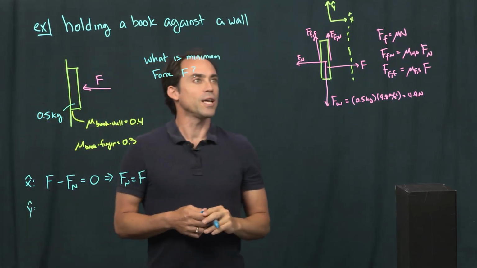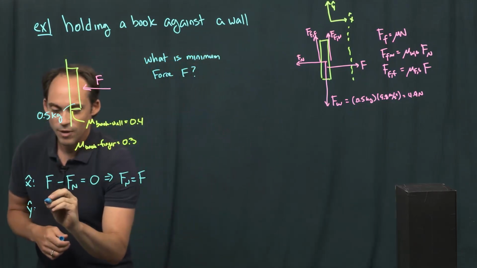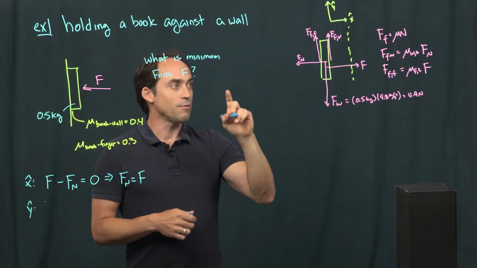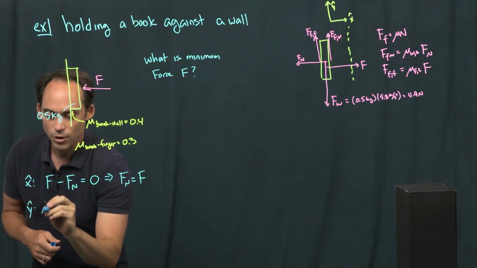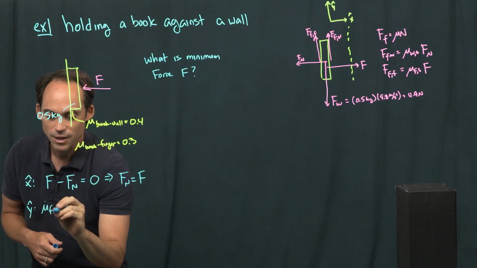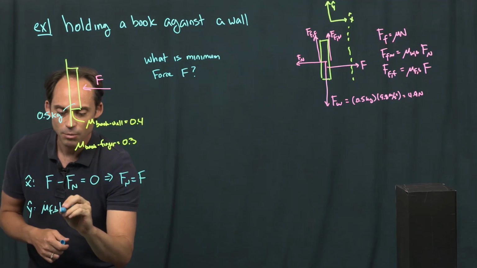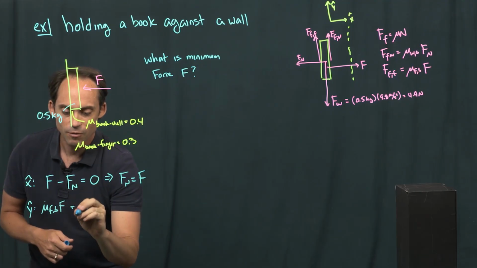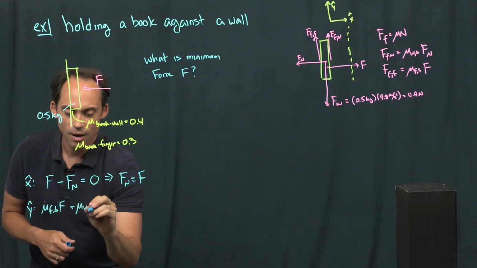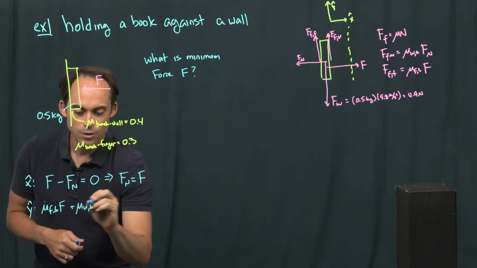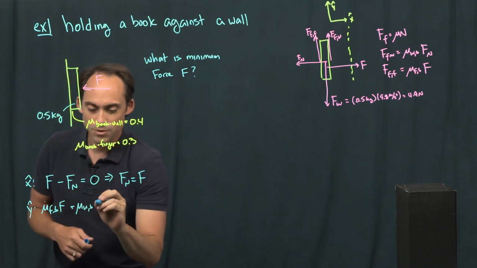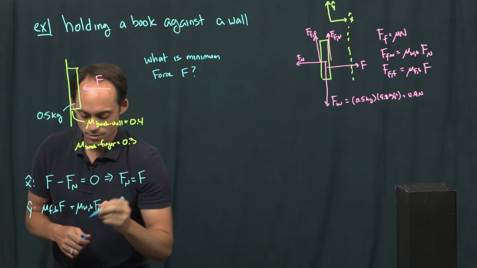All right. So again, looking at the way I've written my vectors, we've got the friction force between my finger and the book. So I'm going to just write that out explicitly: mu Fb times the applied force F. We've got the friction between the wall and the book, which is mu Wb times the normal force, Fn.